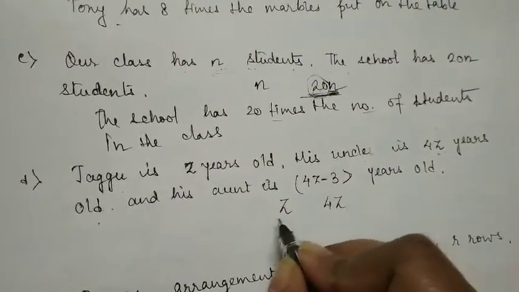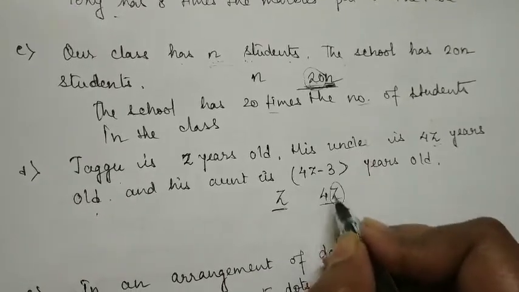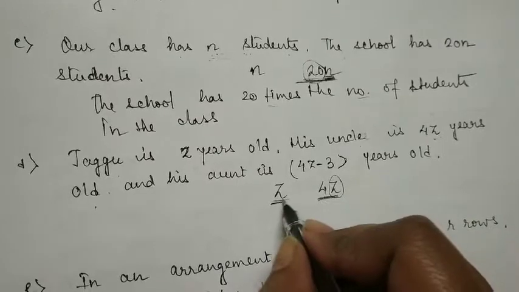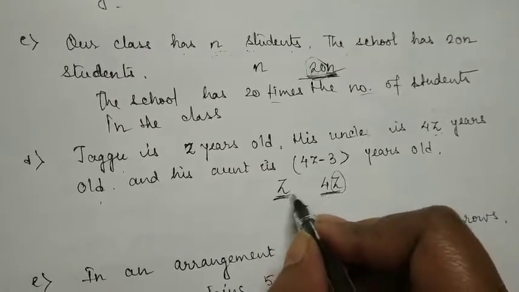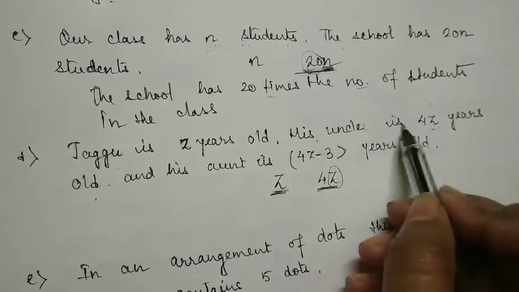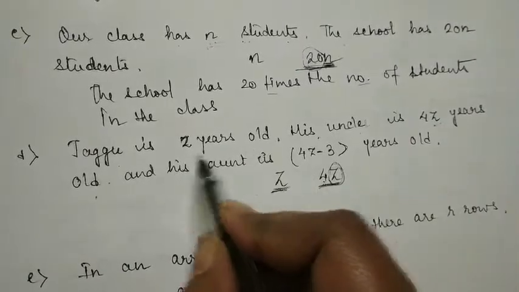This is Jaggu's age and this is the uncle's age. So the uncle's age is given in terms of Z, which is the age of Jaggu. So we will write that his uncle's age is 4 times Jaggu's age. In place of Z we will write Jaggu's age.